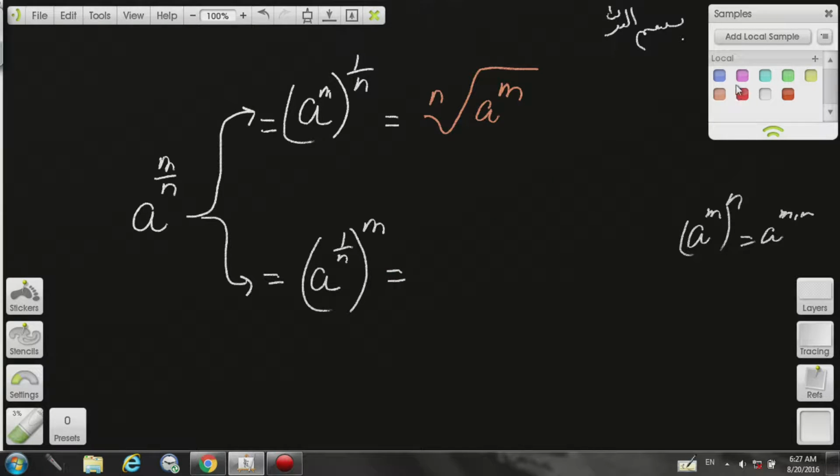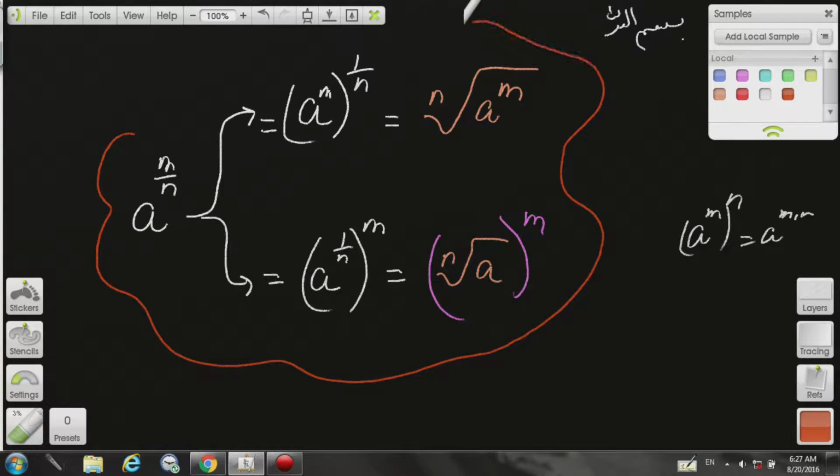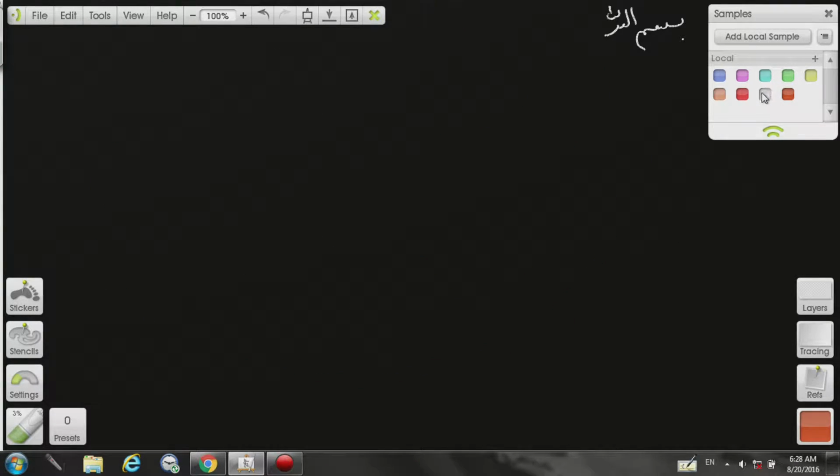And then this is the nth root of a to the power of m. See? So the same expression can be written in 2 different ways, and that's really helpful. Sometimes it's useful to do this. Sometimes it's useful to do that. Okay. So let's do some examples.